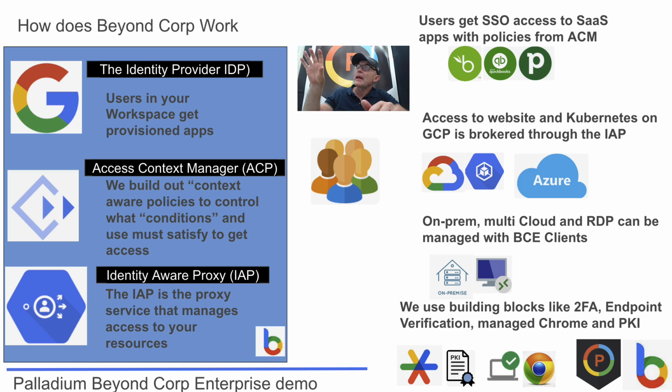And then from a BCE environment, any app services, our Kubernetes, etc., we can publish through the proxy. We can take resources that are in a different cloud or on-prem with something called the on-prem connector.